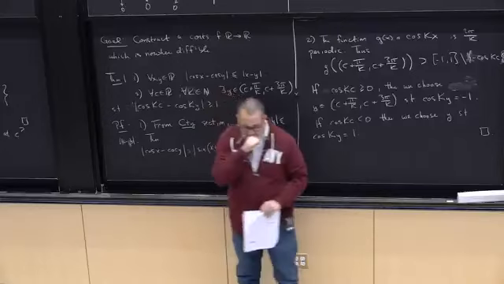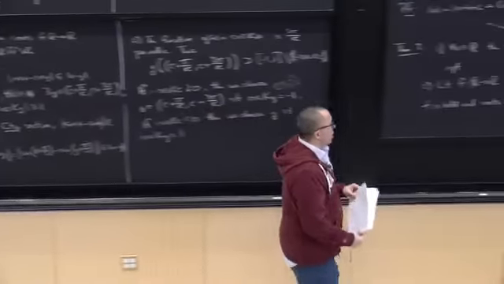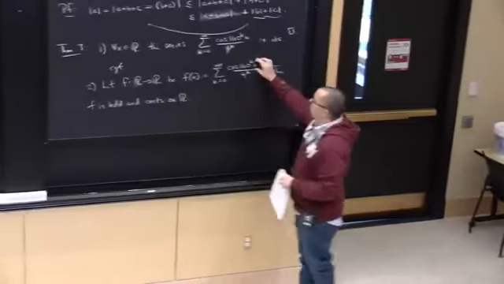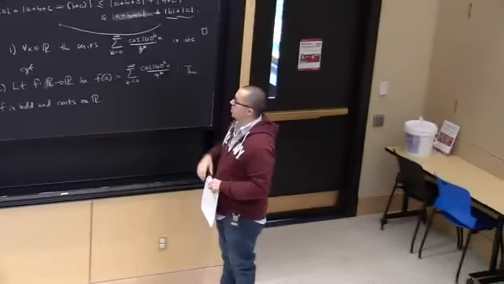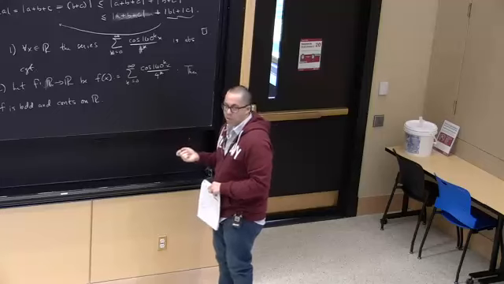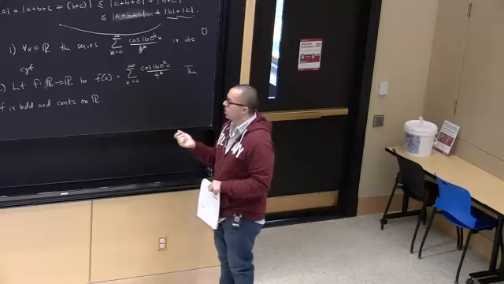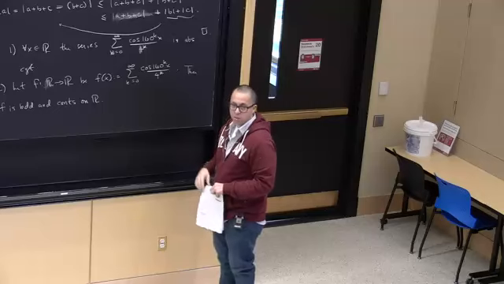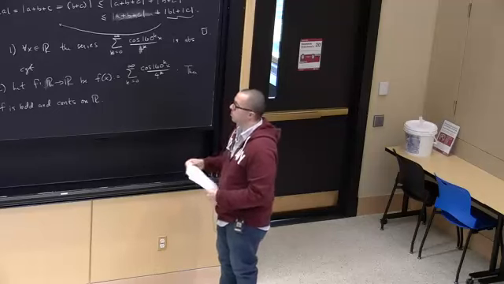And all of these are oscillatory on smaller and smaller intervals, and somehow we're adding them all up in a way to get a function that's oscillatory on arbitrarily small intervals, and therefore it will not be differentiable.